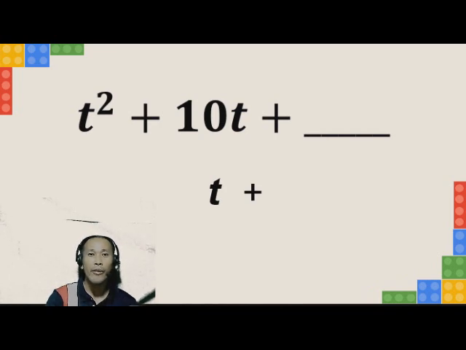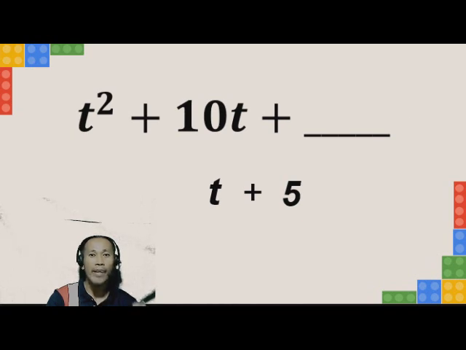And then, you are going to get half of 10, the middle term, which is equal to 5. Again, always get the half of the middle term and then write your answer here for your binomial. So we have t plus 5. After that, we are going to use this later for our last term in the trinomial.